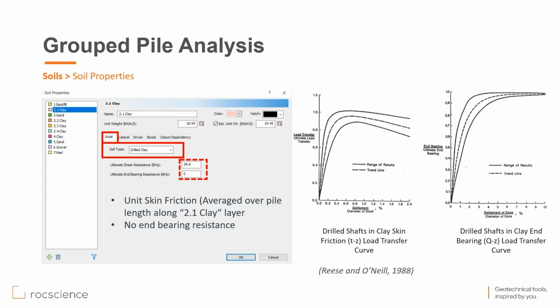What it does in the model is it makes use of the Reese and O'Neill models for estimating the behavior of drilled shafts in clay in terms of skin friction and bearing. So you will know how much strength is mobilized based on displacements within the analysis of RSPile.